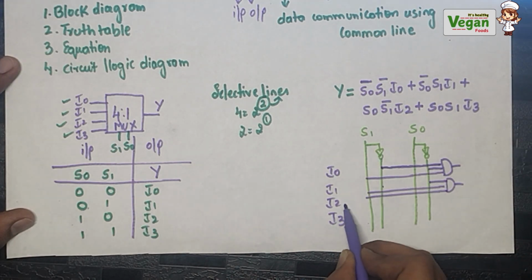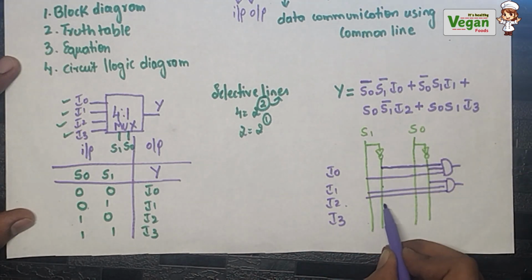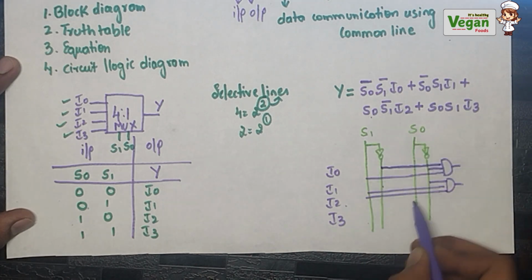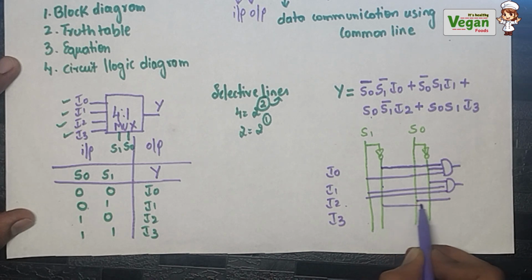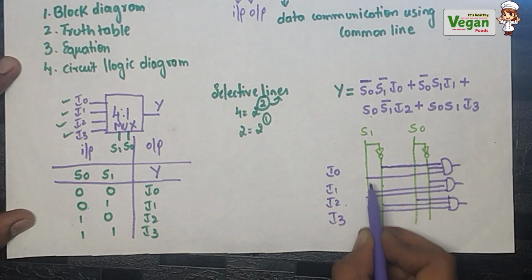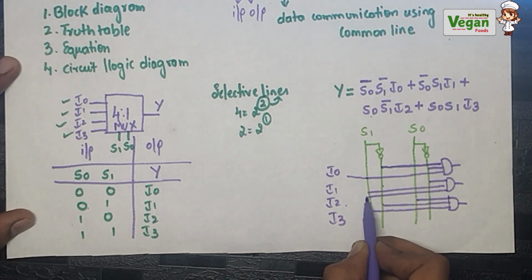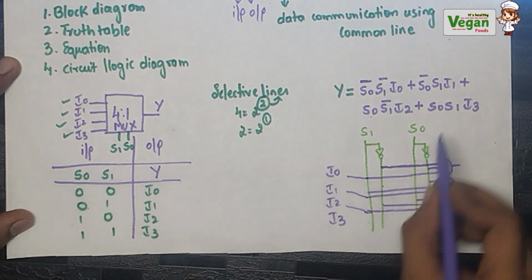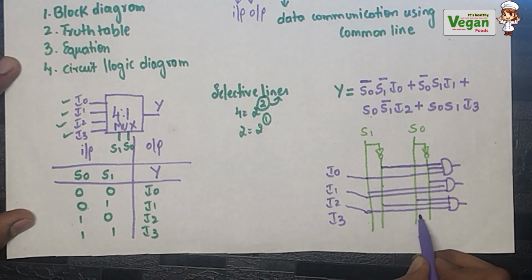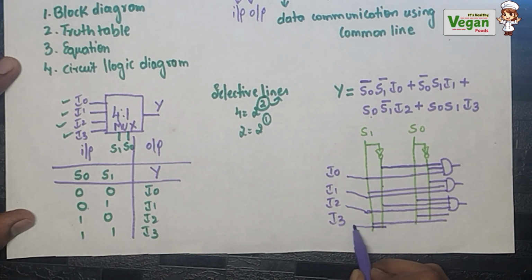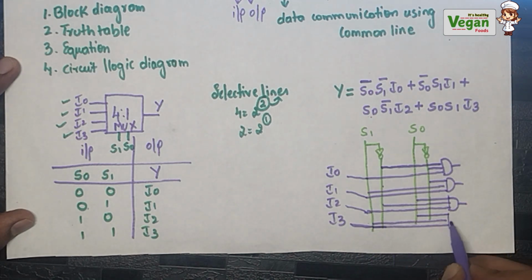Now for I2, S0, S1 bar and I2. Now for I3, that is S0, S1 and I3. So we will use an AND gate.